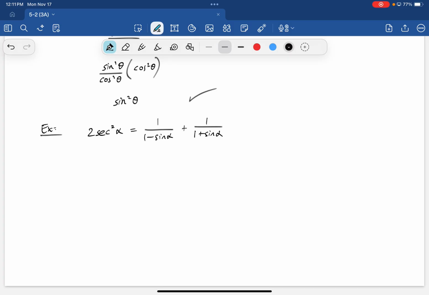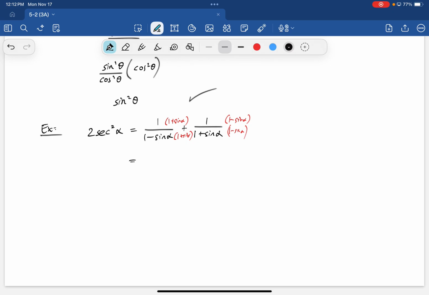Okay, so we have 2 fractions. A good first step is probably to combine the fractions. So we're going to write them with a common denominator. That means multiplying the first fraction by 1 plus sine alpha over 1 plus sine alpha, and the second fraction by 1 minus sine alpha over 1 minus sine alpha. Right? That is, cross multiplying. This multiplication is obviously legal because we're just multiplying by 1, so there's no change in value.